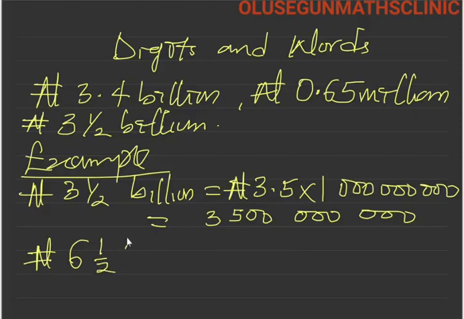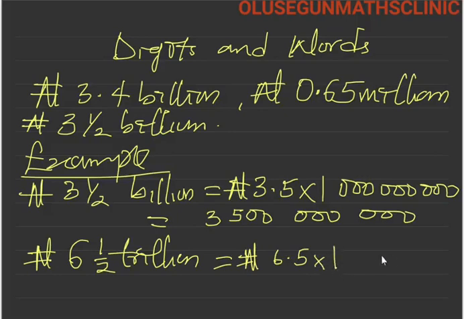So let's also have an example of 6.5 trillion. In a literary way, you know that it will be 6 trillion, 500 billion, that is 6,500,000,000,000. But in writing it out mathematically, it is 6.5 times 1 trillion.